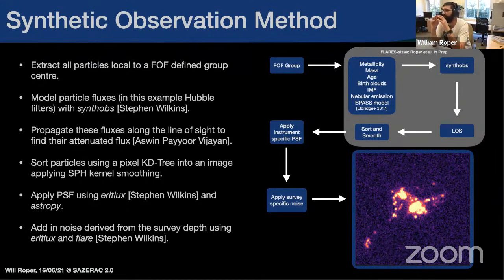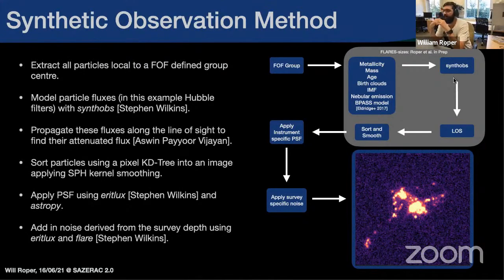These then get passed into the method that I detailed back in SAZERAC in the summer, which should be on arXiv soon, hopefully, which takes properties of the stellar particles themselves, so metallicity, mass, and age, takes models for the birth clouds, the initial mass function, nebular emission from Cloudy, and the BPASS model, puts them into Stephen Wilkins' code synthobs, and gives us intrinsic fluxes back for those stellar particles.